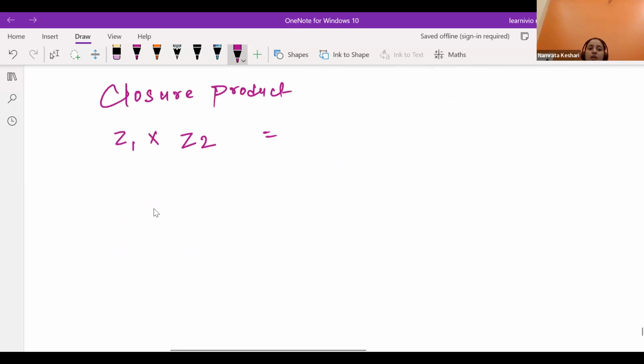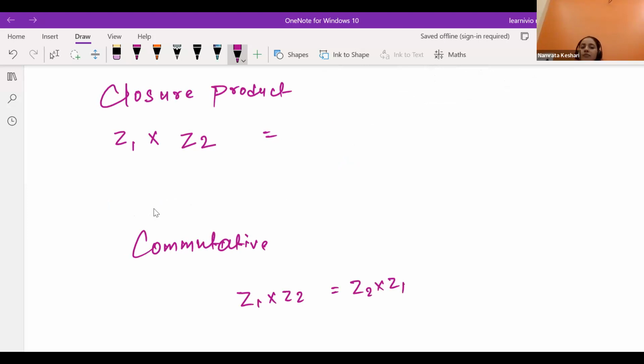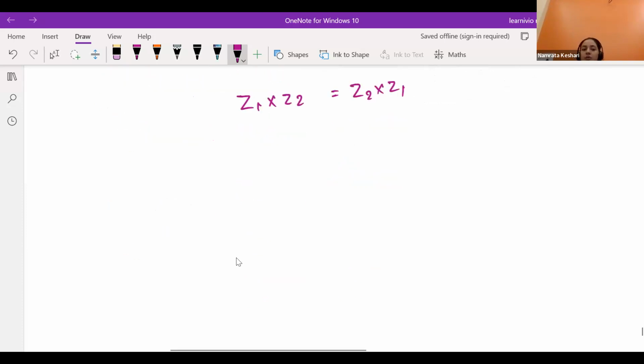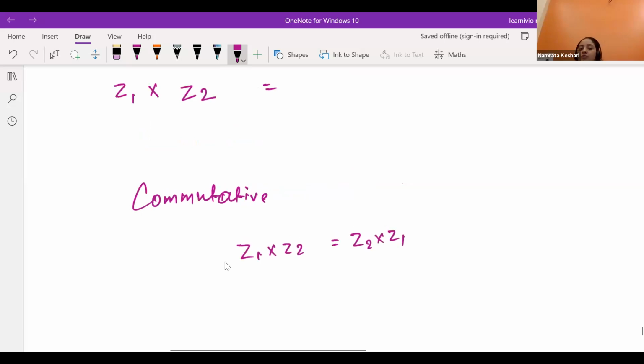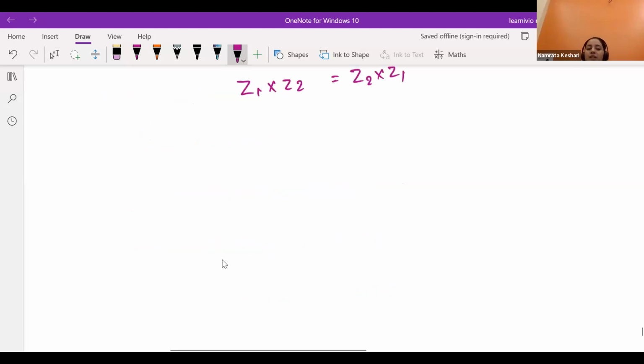Next property was the commutative property, which says that z1 into z2 and z2 into z1 is the same thing. When we do the multiplication z1 with z2, or when we do z2 into z1, the result will be the same. We know that. Commutative property holds for multiplication of two complex numbers.